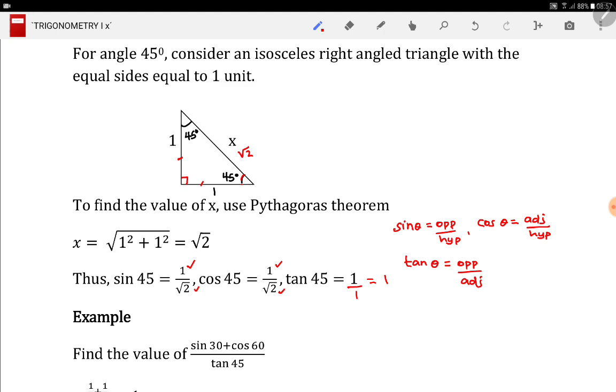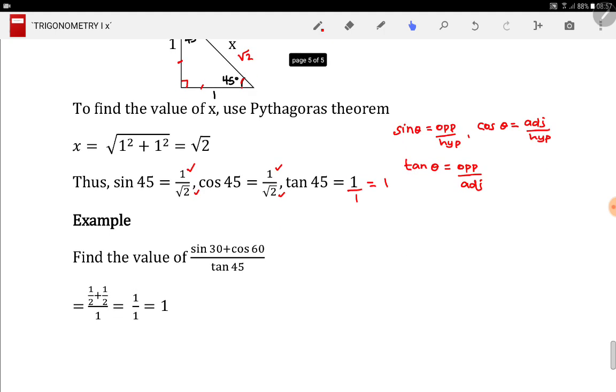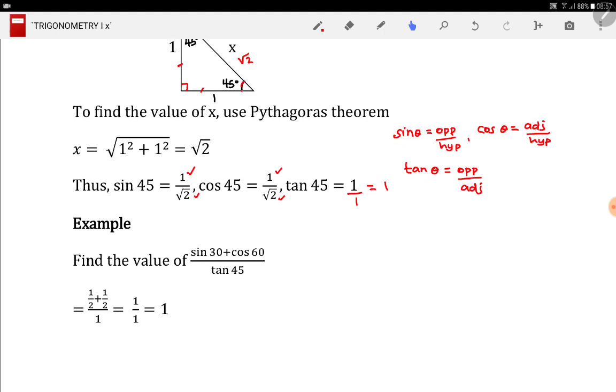Now, an example of application of this knowledge. We are required to find the value of sine 30 plus cos 60 over the tan of 45. Now, from the previous work, we have obtained the sine of 30 to be equal to a half, the cosine of 60 to be equal to a half, and the tan of 45 to be equal to 1.